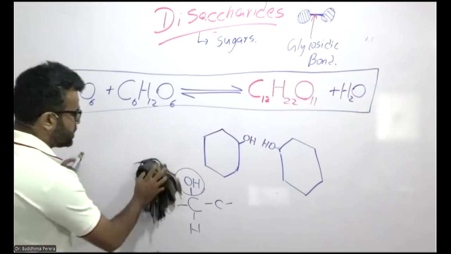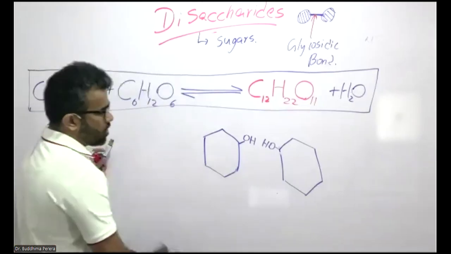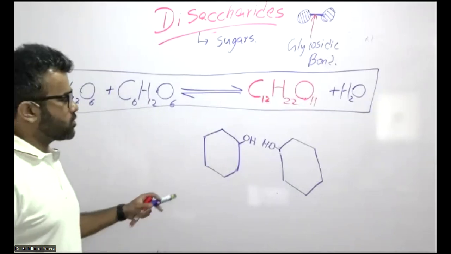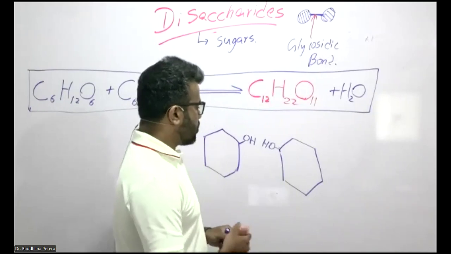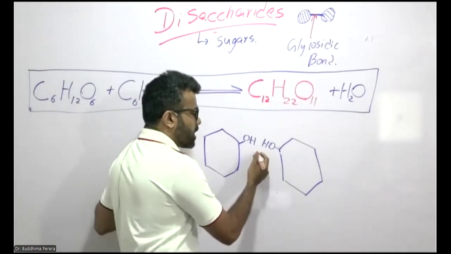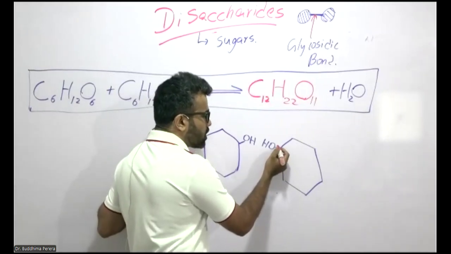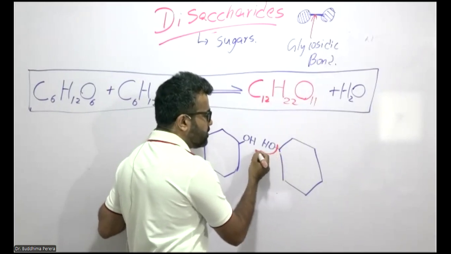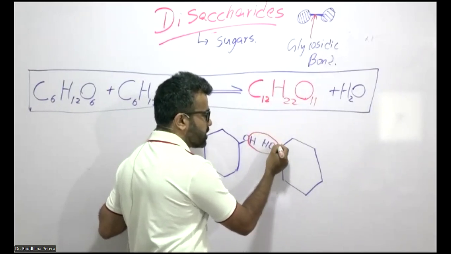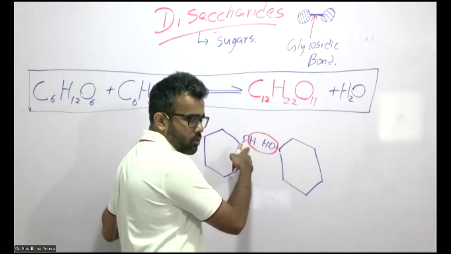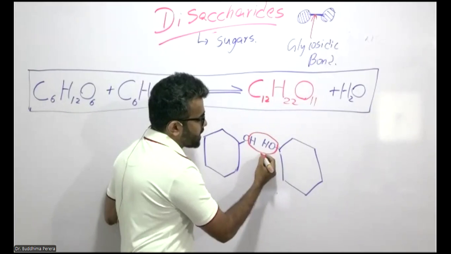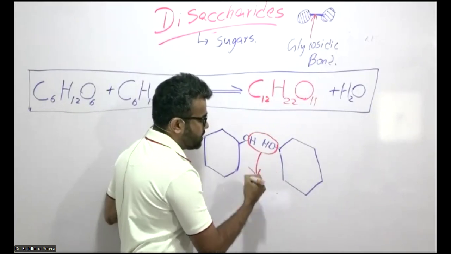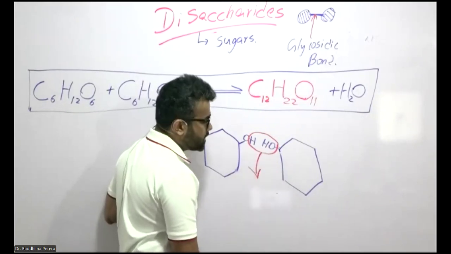There are two OH groups in these monosaccharides. From these OH groups, a water molecule will leave these two molecules like this. One H from one monosaccharide and an OH from the other monosaccharide will leave, doing a condensation reaction.